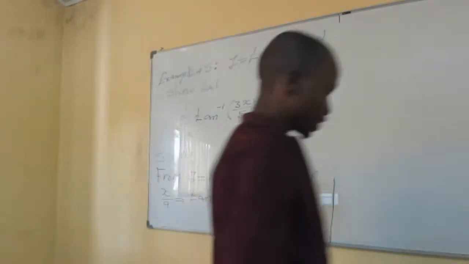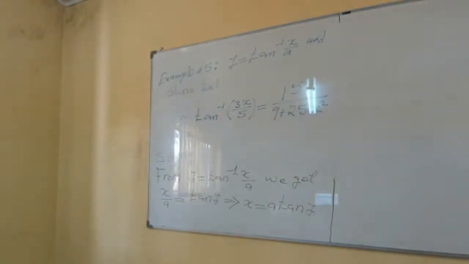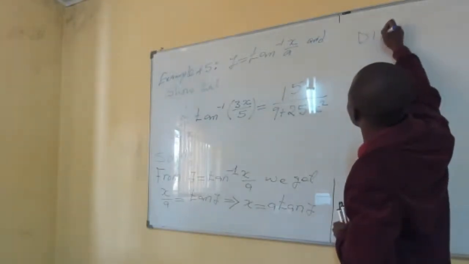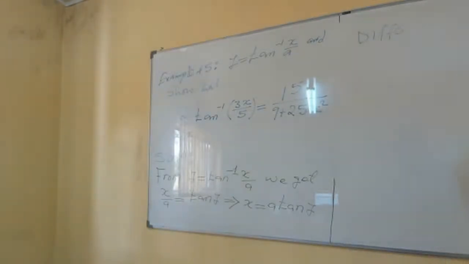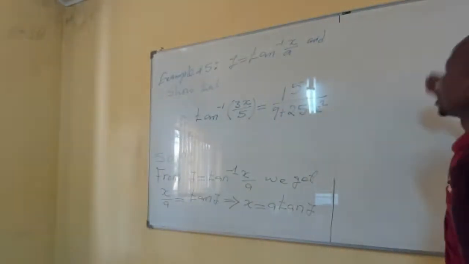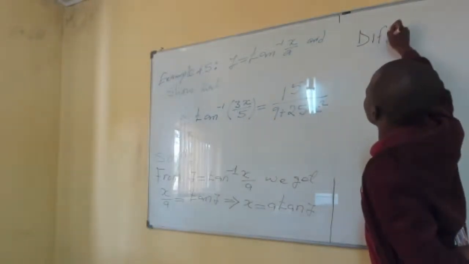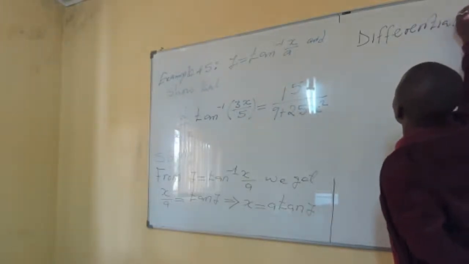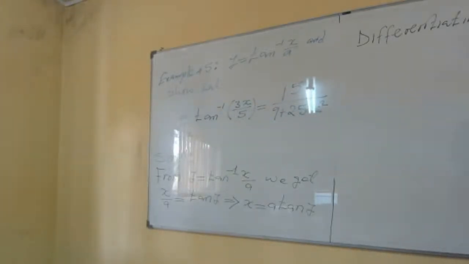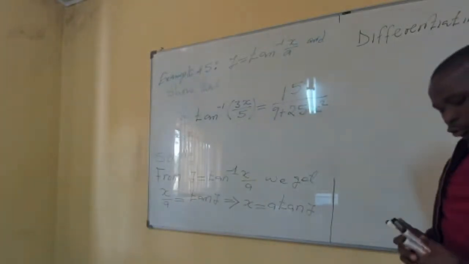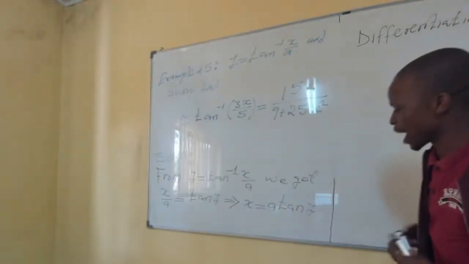Then now, if we differentiate this given function with respect to y, we are differentiating x equal to a tan y with respect to y.